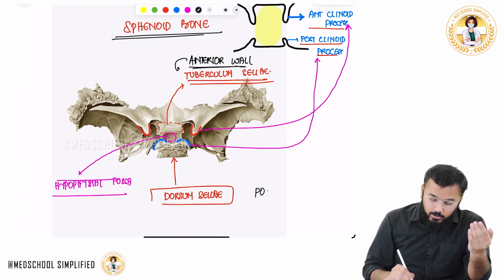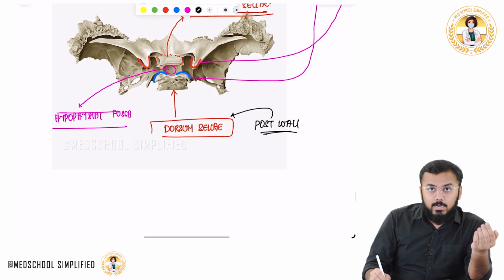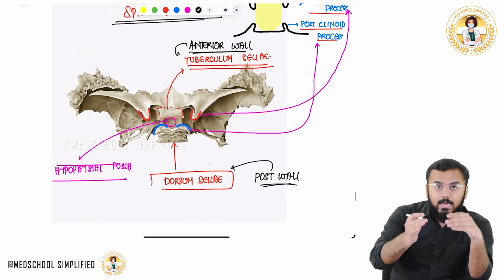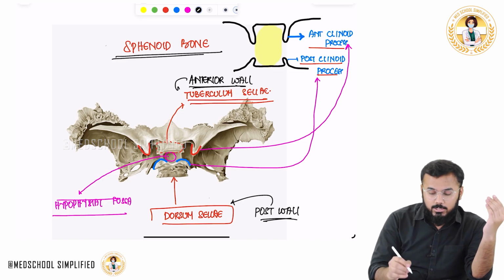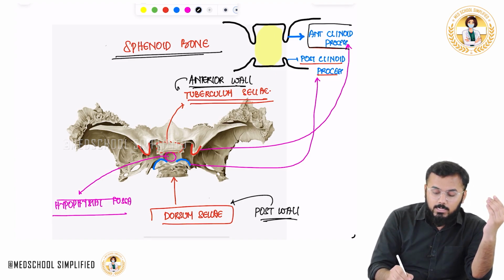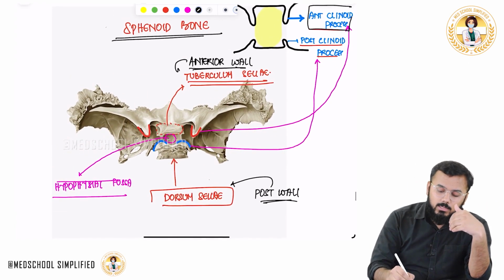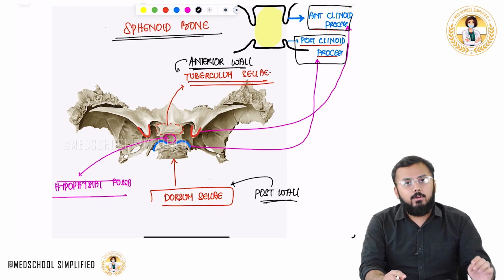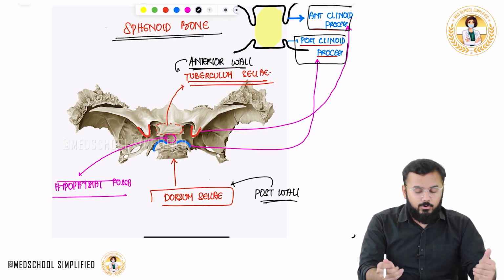The posterior wall of the hypophyseal fossa is formed by your dorsum sellae. Anteriorly, on both sides, you have these two horn-like projections, called the anterior clinoid process, and the same on the back side, called your posterior clinoid process. So these are the structures you can see over this sphenoid bone.